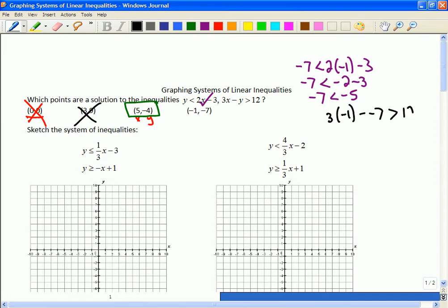Is that greater than 12? Did I do that right? Yeah, okay, so negative 3 plus 7, is that greater than 12? No, that's 4 greater than 12. Doesn't work. So we're not going to need to do this. I'll show you how we can do this without having to check every single point, but that's the scenario we're working on today. You have more than one constraint to fulfill.